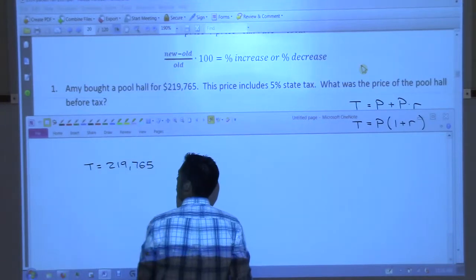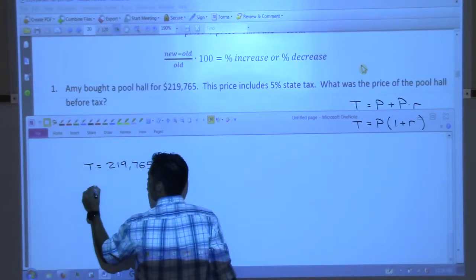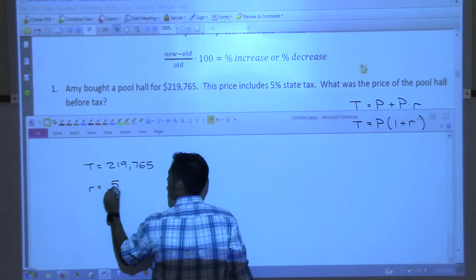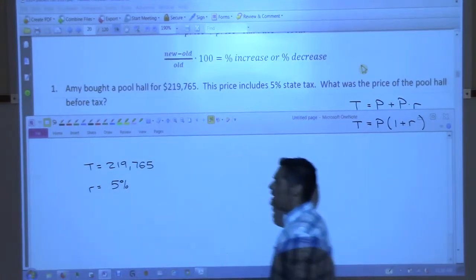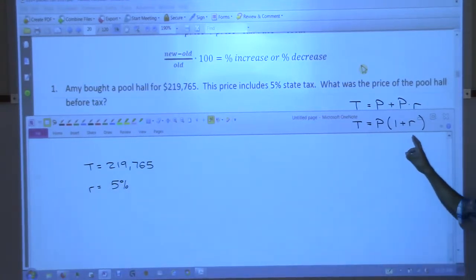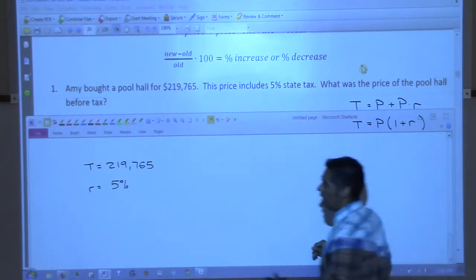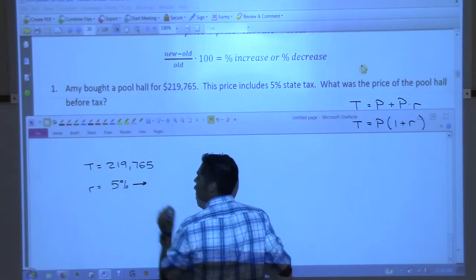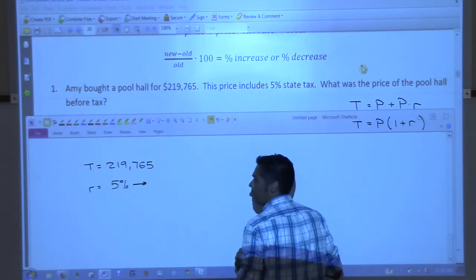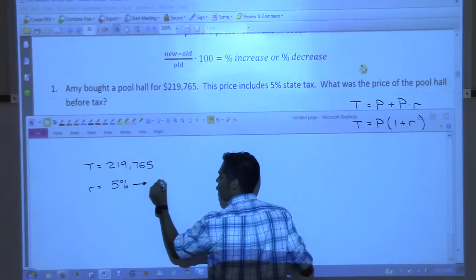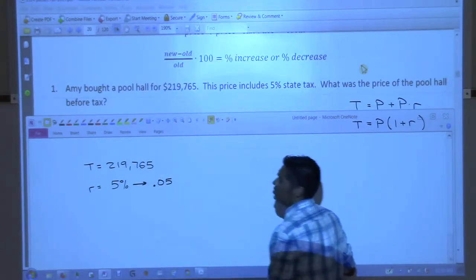What else do we know? The tax rate. And what is that tax rate? 5%. And if we're going to use that rate in the formula, it must be converted to a decimal. Please do not forget that, all right? Because that will throw all your numbers off. So we actually want to convert this to a decimal. What is 5% written as a decimal? 0.05. And what is it that we're actually trying to find?